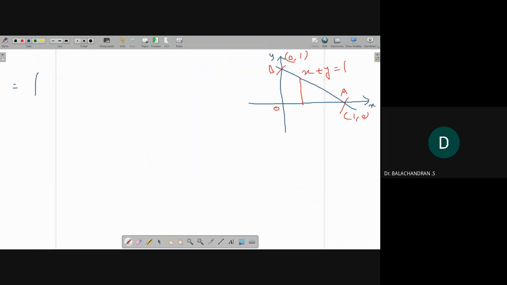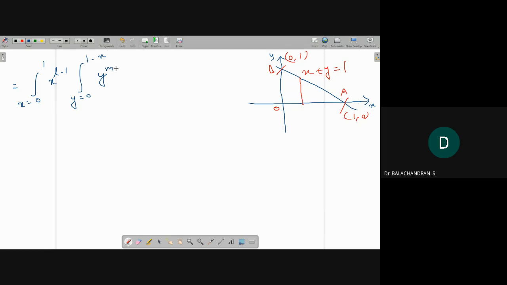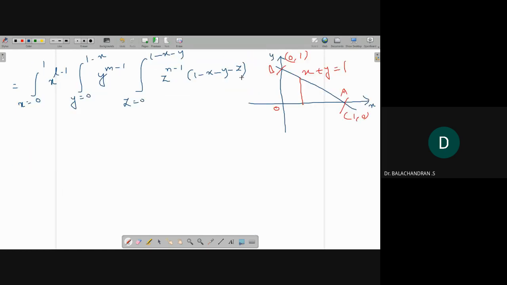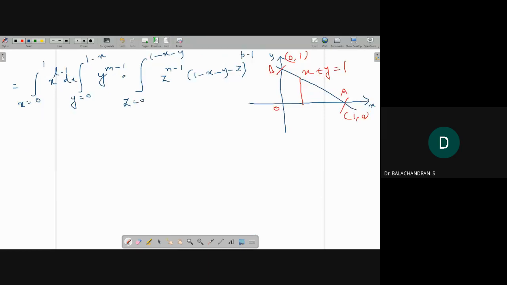So I is equal to the integral from 0 to 1 of x power l minus 1 dx, y varies from 0 to 1 minus x, with y power m minus 1 dy, and then z varies from 0 to 1 minus x minus y, of z power n minus 1 into (1 minus x minus y minus z) whole power p minus 1 dz.